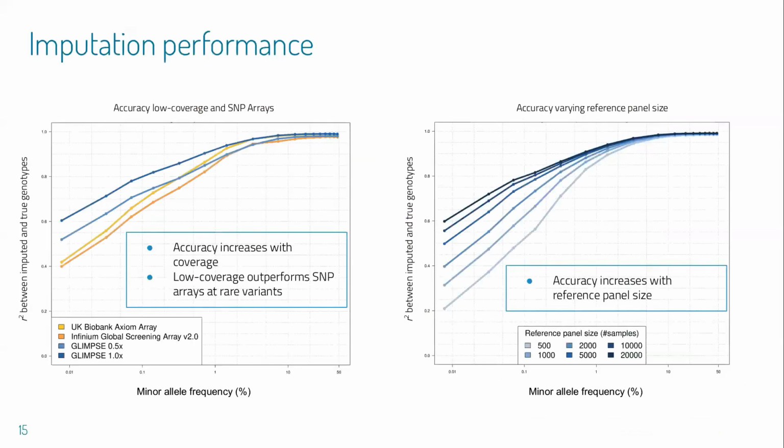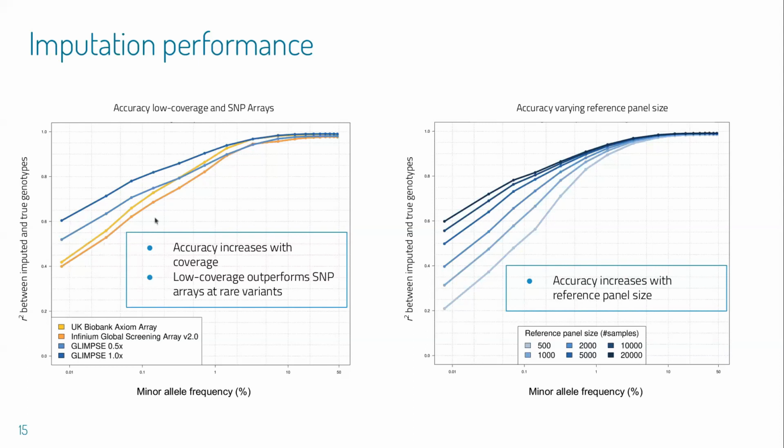And just to show how low coverage whole genome sequencing imputation performs against SNP array data, I'm showing these plots from the GLIMPSE1 paper. Here you have two different low coverage experiments, 0.5x imputed data and 1x imputed data in two shades of blue, and two different SNP arrays. One is the UK Biobank Axiom array, and the other one is the GSA array.